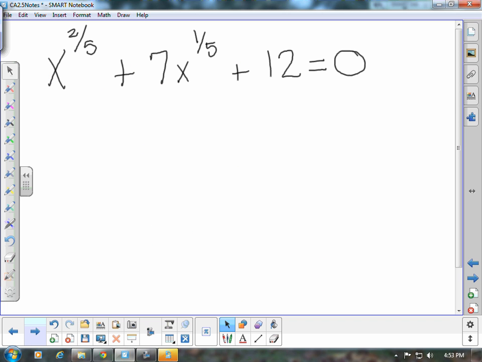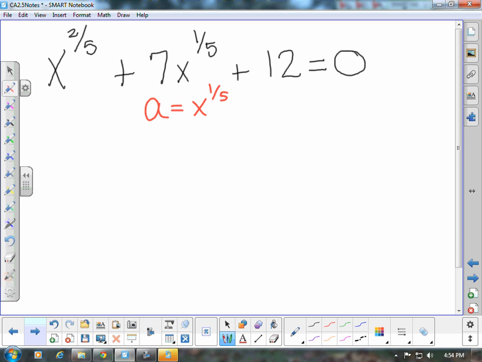And finally, a problem like this, which is similar to the one we just did, and for the purpose of making it easier on yourself, rather than having to figure out something to the 2/5 or the 1/5, say that a equals x to the 1/5 power. Then if you substitute, since a is x to the 1/5, that's like x to the 1/5 times x to the 1/5.